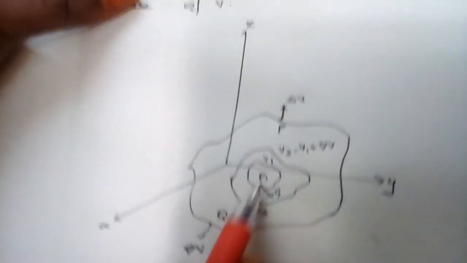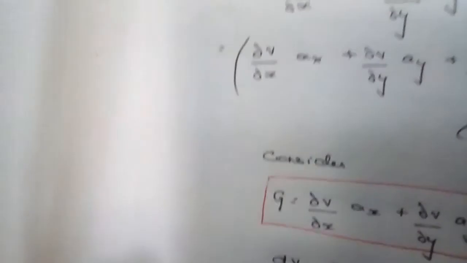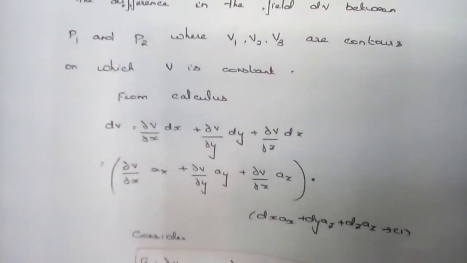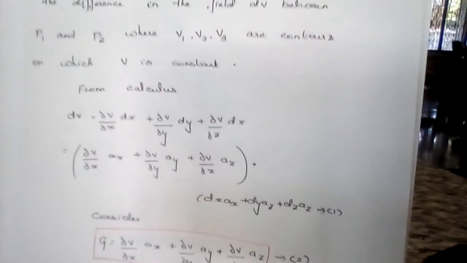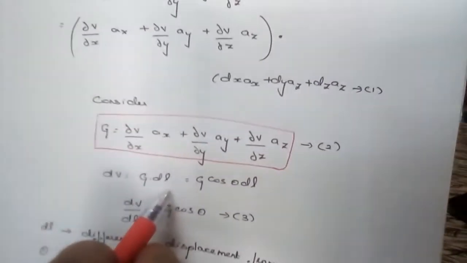These two potential differences provide the gradient of the field. We take a small elemental differential displacement dl, so dV is equal to G dot dl.